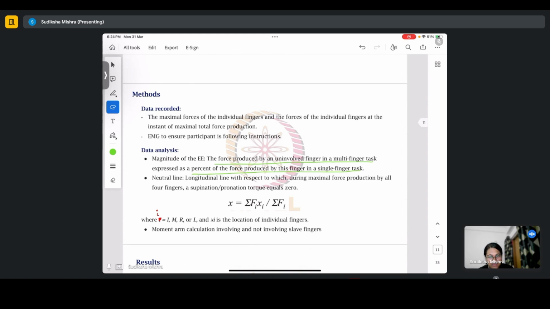And the neutral line was also calculated, which is a condition wherein a supination or pronation torque equals 0. And the moment arm calculation was also performed, both involving and not involving slave fingers. So these three parameters were looked at.